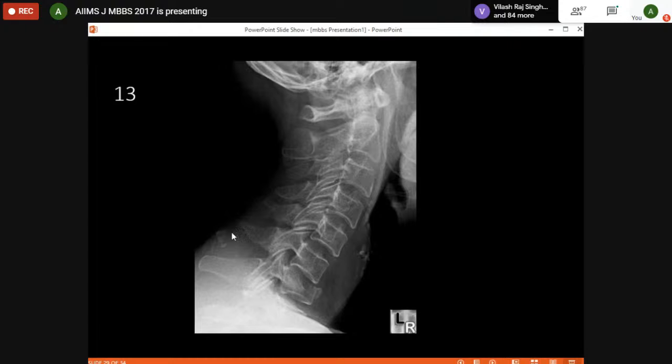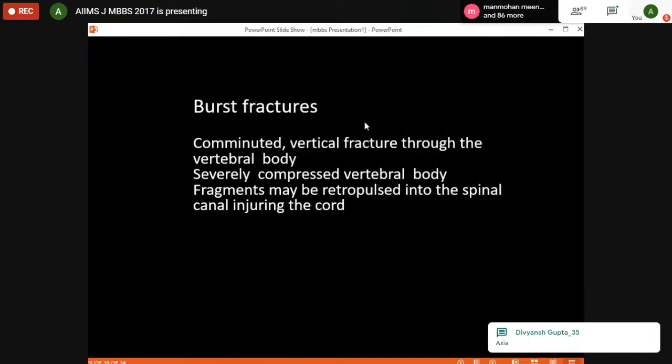Okay, are you guys able to count? What is this? Which vertebra is this? This long one here? Is it C1 or is it C2? Okay, this is C2, okay?